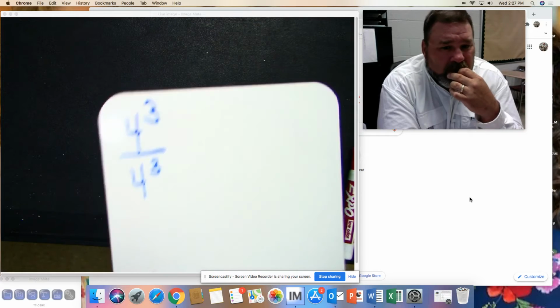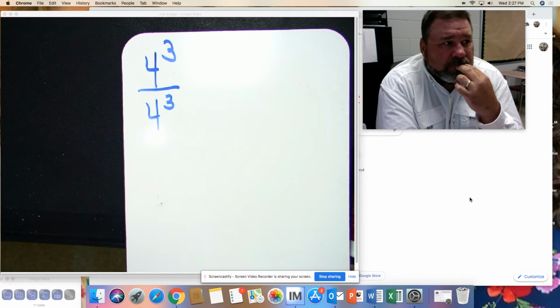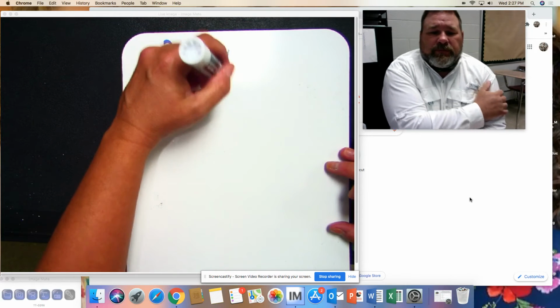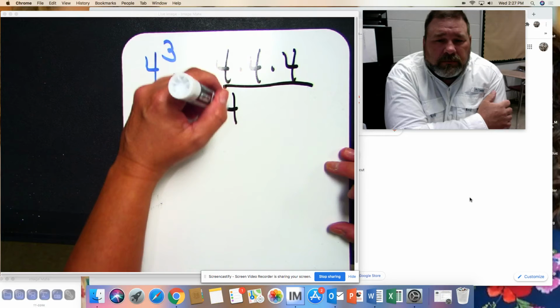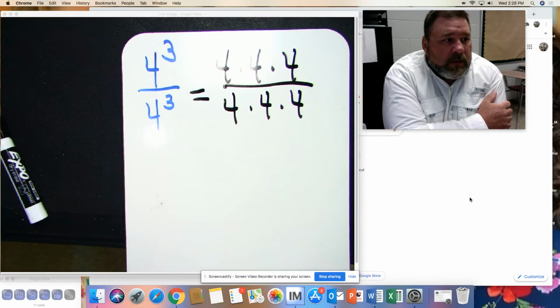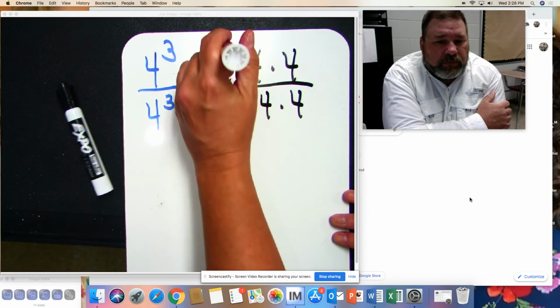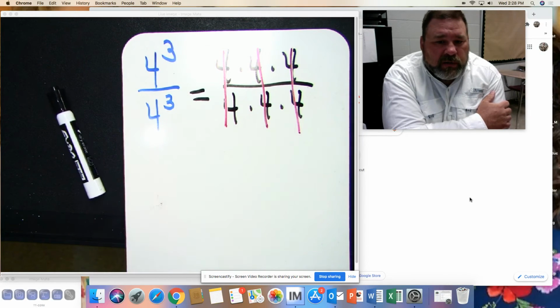Now, this one would be pretty easy actually to write out the long way like we did a minute ago. We could write 4 times 4 times 4. The bottom would be 4 times 4 times 4. But when we went to simplify and do 4 divided by 4, you get a 1, a 1, and a 1. So I end up having no 4s left.